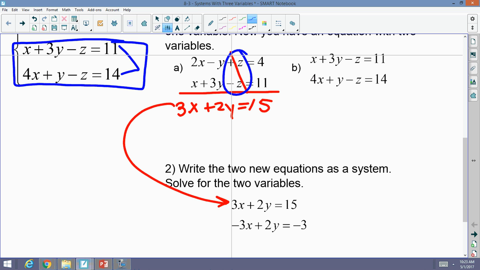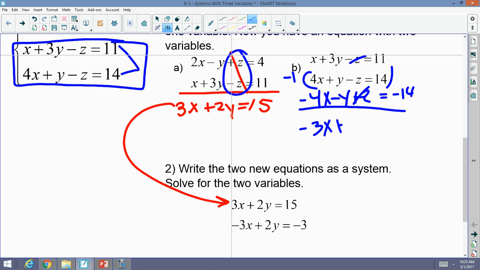Z. So I'm going to multiply the bottom by a negative. Give me negative 4x minus y plus z equals negative 14. The z's cancel. I'm left with negative 3x plus 2y equals negative 3, which is right here.